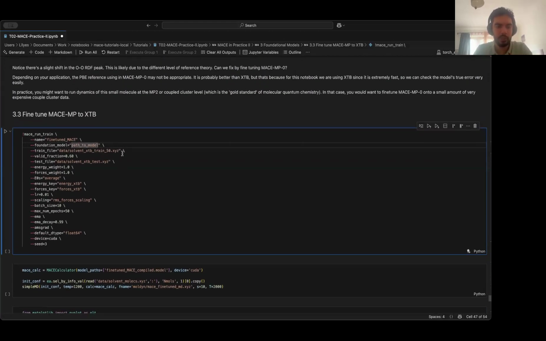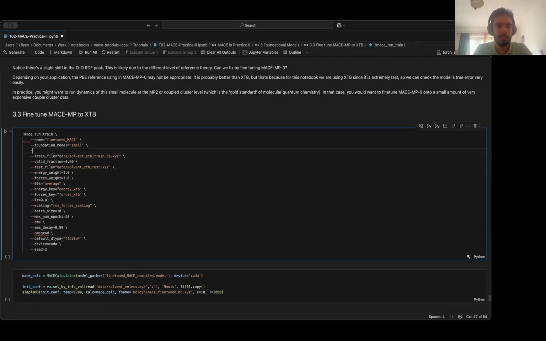So starting from the foundation model, it will do the naive fine tuning, and you can also do the multi-head fine tuning by setting the multi-head option equal to true, and this will launch the multi-head fine tuning where it will also do a replay. For the multi-head fine tuning, you can either use the internal default that we have to select the replay, or you can also give it a replay file.